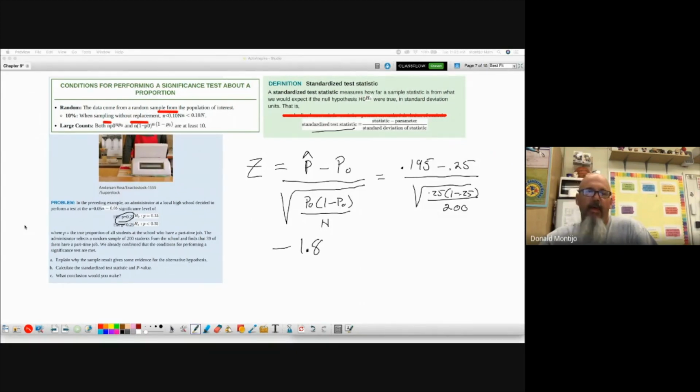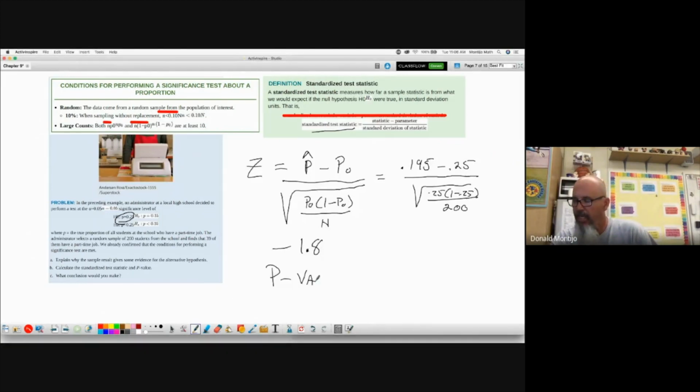So for a z-score of negative 1.8, a value of 0.195 or smaller, assuming that 0.25 is the true population parameter, would happen with probability 0.0359. That is our p-value. Our p-value is equal to 0.0359. So this is part B.